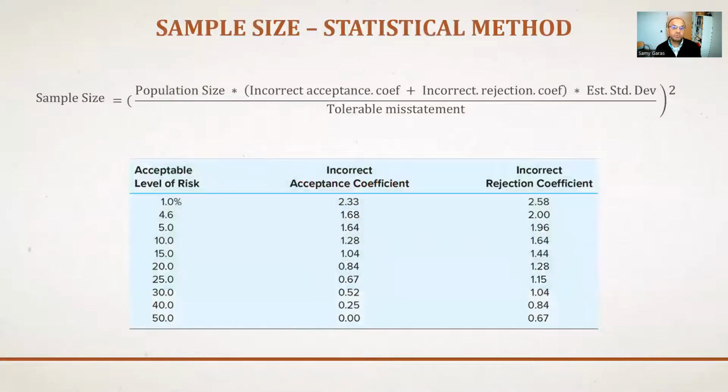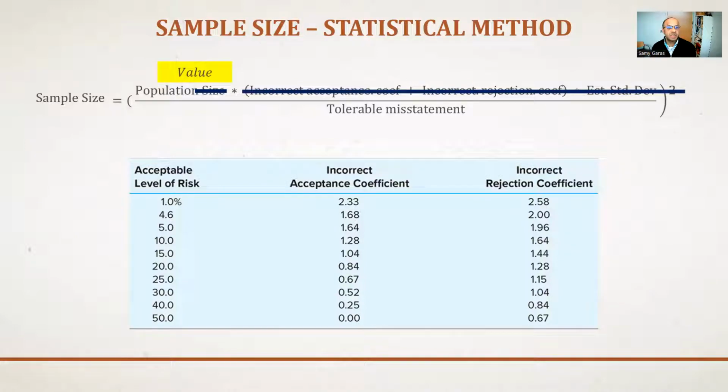The next one is how to do the sample size based on non-statistical sample. I take the same equation we have for a statistical method, but then we start to change the terminology. So here, instead of population size, we call it population value.